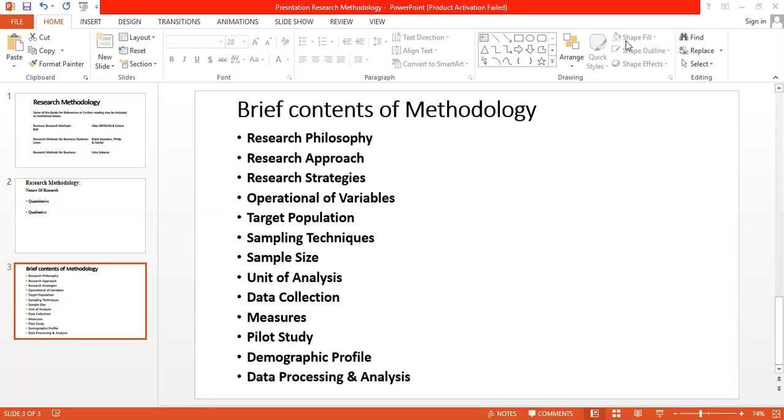If you are collecting data from nurses, then you will describe that the data was collected from nurses in private or public hospitals. You will also describe why you chose this target population, and why you did not take the data from employees or from customers.